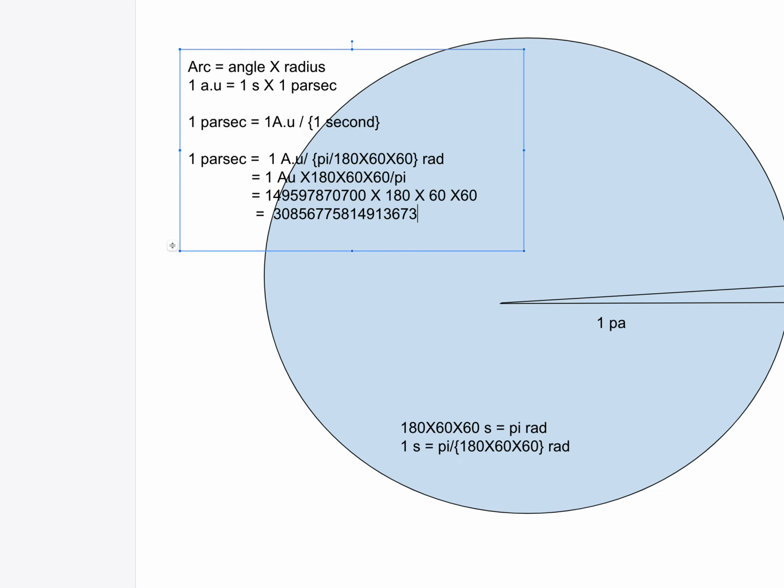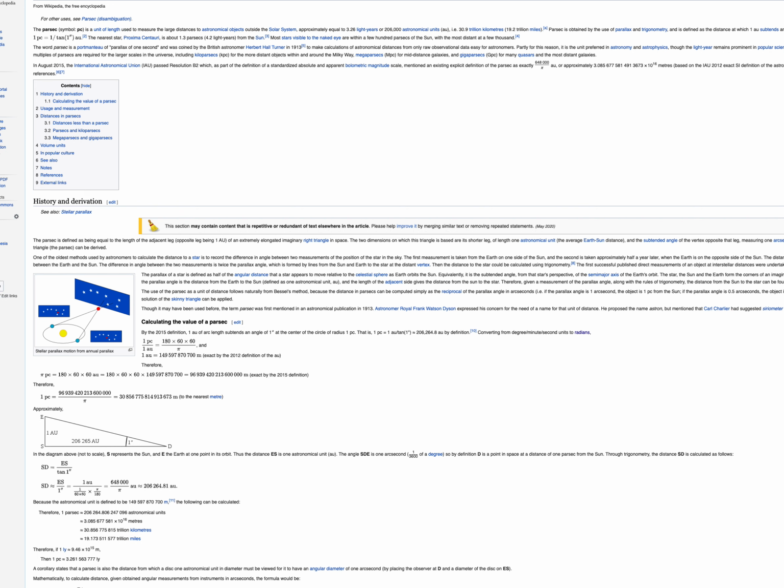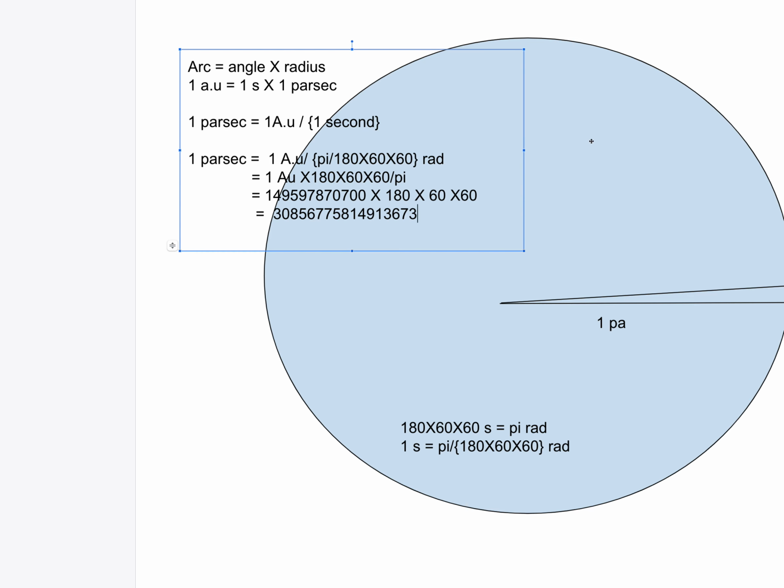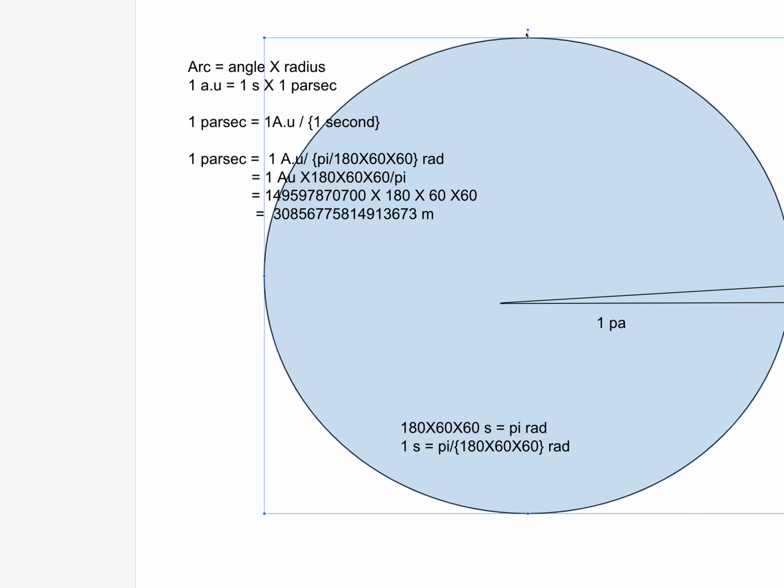And what is the unit? Should be meter. Yeah, it is meter, 673 meter. Yeah, so this is how it is calculated.